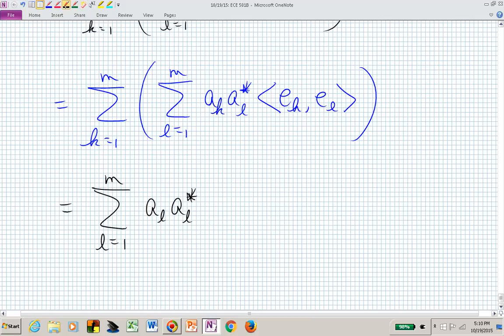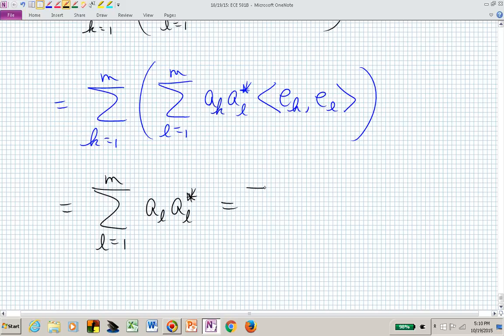And now what do we know about A sub L times its conjugate? This is now x plus jy times x minus jy. That will end up being x squared plus y squared, which is just the norm or the absolute value of a sub L squared.